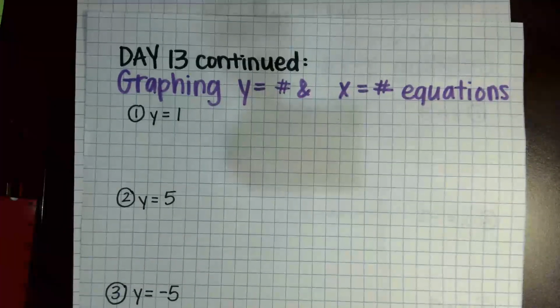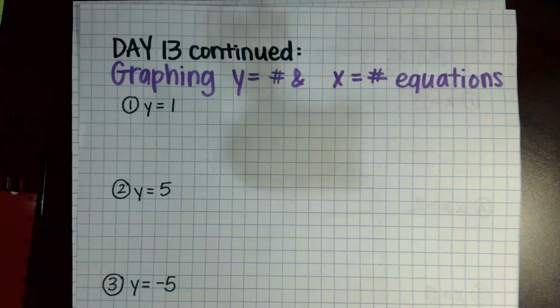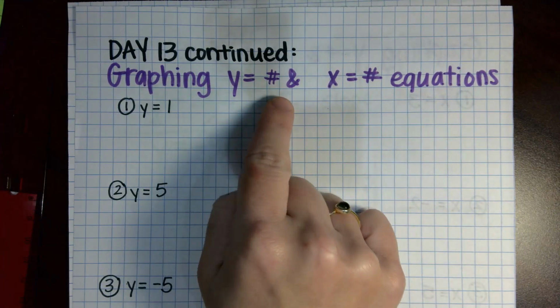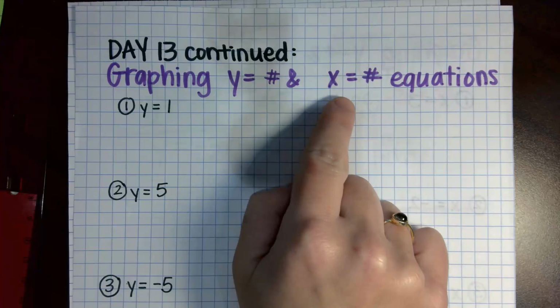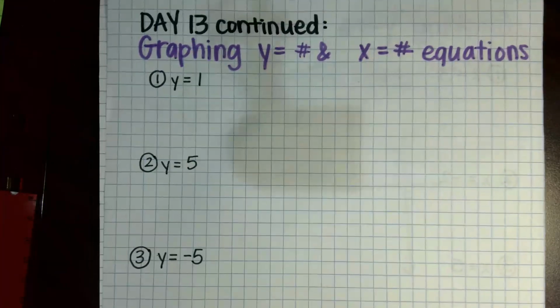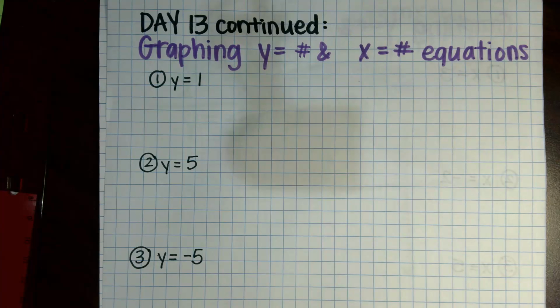That is going to be graphing equations that look like this. Y equals a number and X equals a number. So these are a little different. We're used to seeing the slope-intercept form where there's Y equals some X plus B, or standard form where we have a number with X, a number with Y, and then a number.